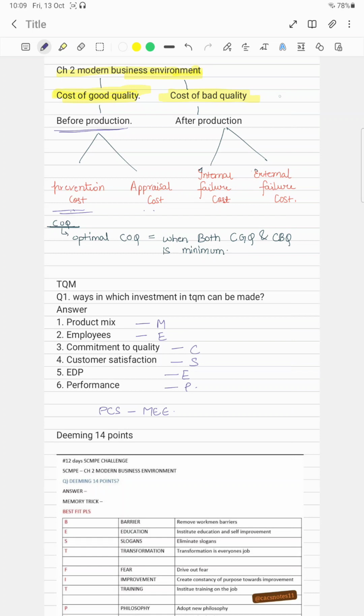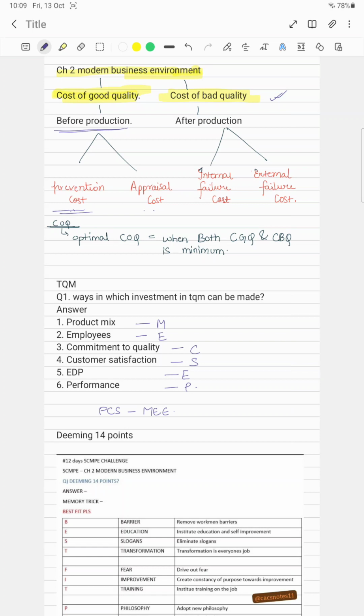Similarly, when we see cost of bad quality, suppose we did not invest much in cost of good quality, and we used cheap raw materials, we used just cheap machines. Then after production we see that bad quality products are being manufactured. So now nothing was detected earlier. Now after production we see that these pens are not working, these are bad quality products.